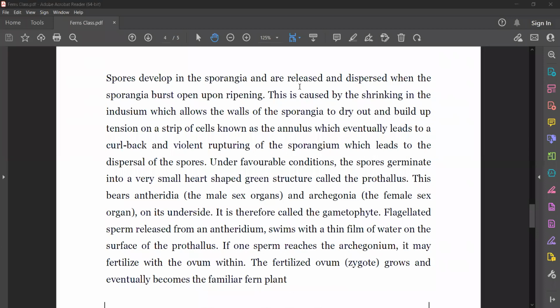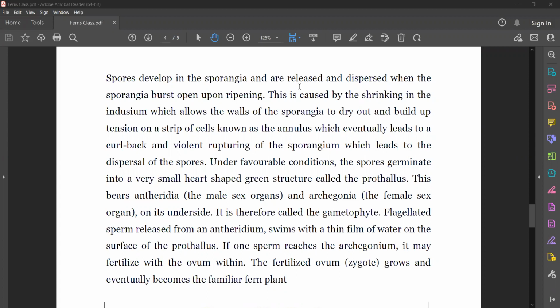The archegonia are on the underside of the prothallus, right? If it's ready to produce a new fern, sperm is released from the male organ, which is known as the antheridium. This sperm is flagellated, so it is able to swim towards the archegonium.